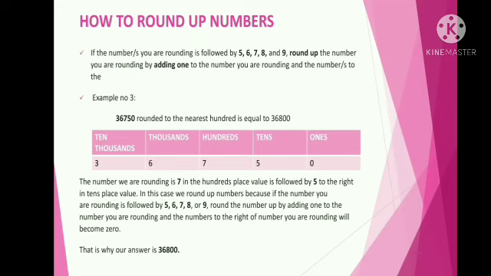And the numbers to the right of the number we are rounding will all become 0. So 5 in the tens place value becomes 0, and 0 in the ones place value will become 0. That's why if we rounded to the nearest 100, the answer will be 36,800.